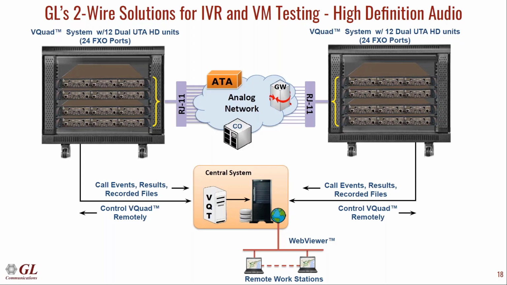Now, another thing we're showing here is there's a central system. So all the results, all the events, everything that's done during the testing can go into a central database located at your site, and then you can access that information through a web browser, what we call our web viewer, create reports, generate graphics, generate analytical reports, whatever you want to do.